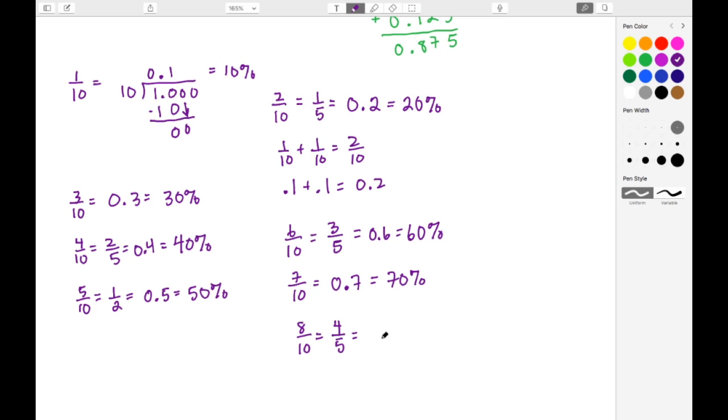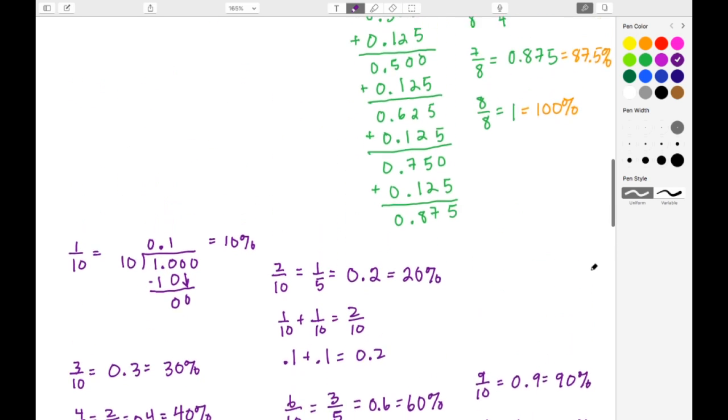And now we're at 4/5, so that has to be 80%, or 8/10. All right, moving on to 9/10, which we know is 0.9. That there has to be 90%. And last but not least, 10/10 is the same thing as 1, which is the same thing as 100%.